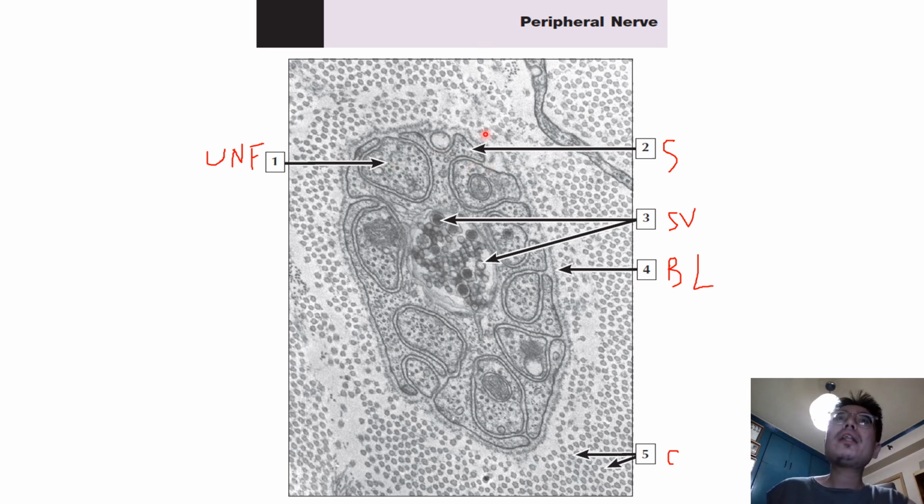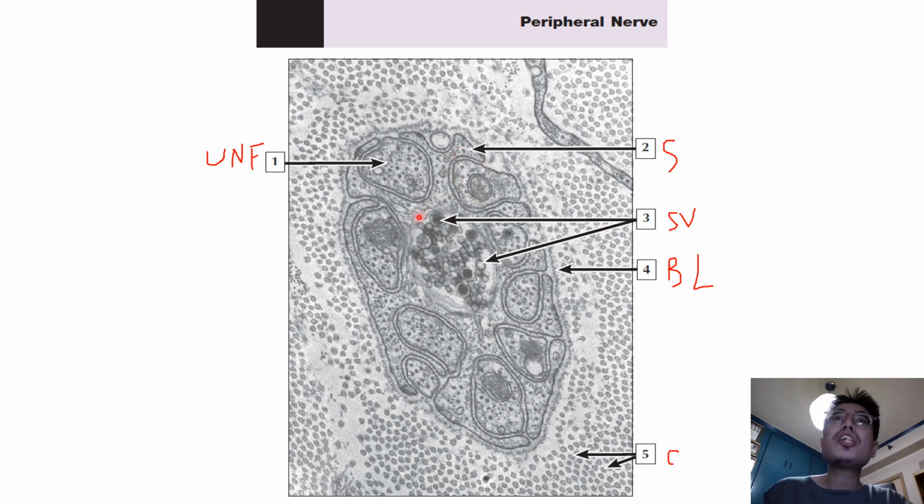To recall, this is an electron micrograph of a Schwann cell enveloping and associated with several unmyelinated nerve fibers. One is an unmyelinated nerve fiber over here. Here is another one, an unmyelinated nerve fiber.